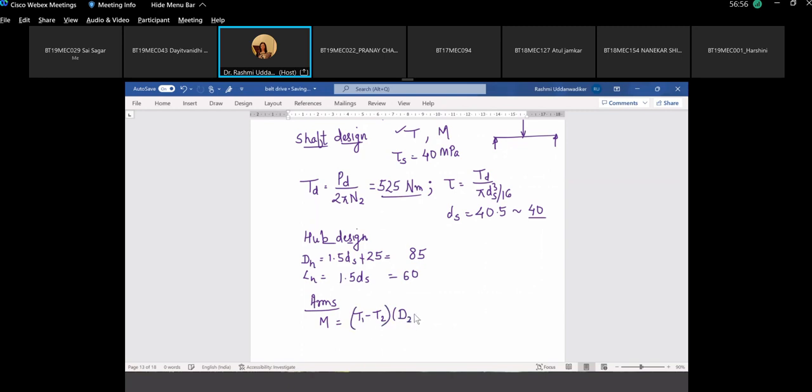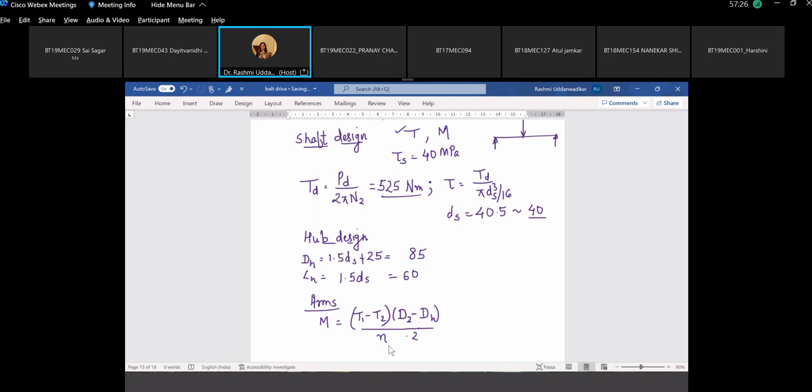We are referring to D2 minus diameter of the hub, which gives you the length of the arm, by 2. So this is giving us the radius, into number of arms n, and it is assumed for the design of arm that only half of the arms are sharing the load, which means if total number of arms are 6, then only 3 arms are sharing this total load.